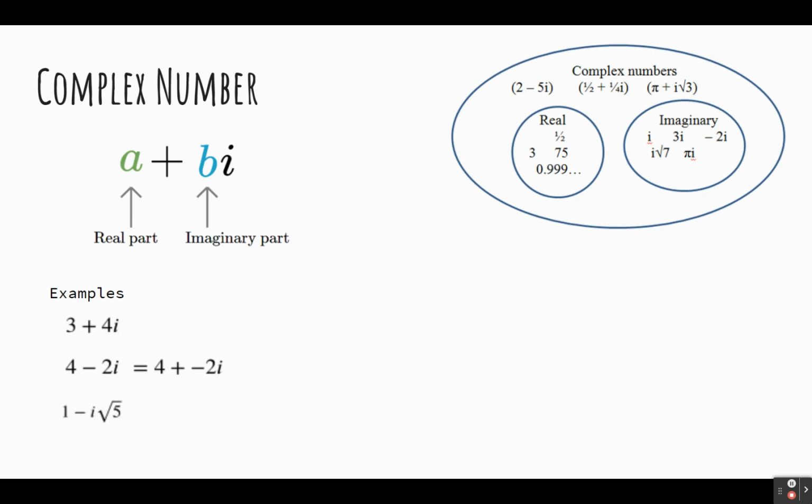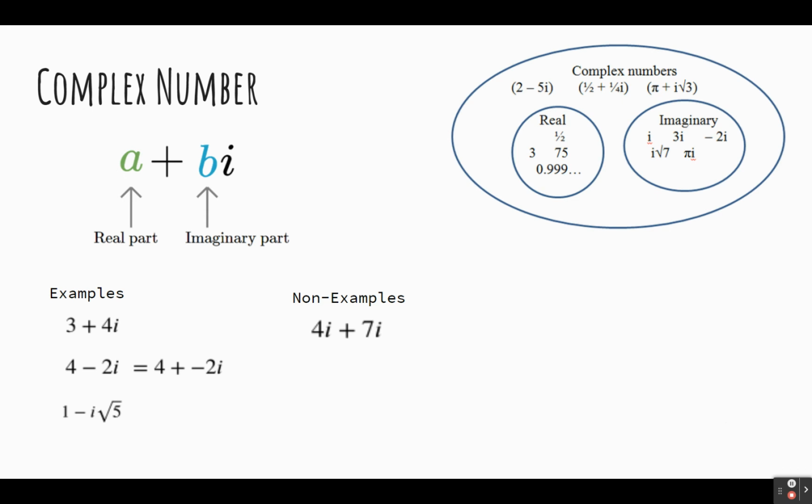We have 1 minus i square root of 5. Again, this is a complex number written in the correct form, where 1 is the real part and the negative i square root of 5 is the imaginary part. As we previously learned, we would write the i in front of the radical 5 to have correct notation. Now let's look at some non-examples of complex numbers. 4i plus 7i.